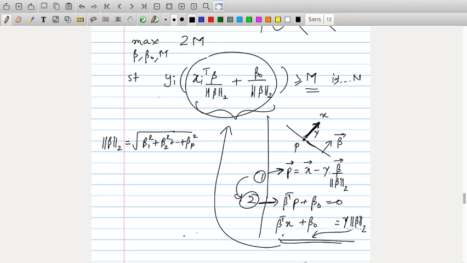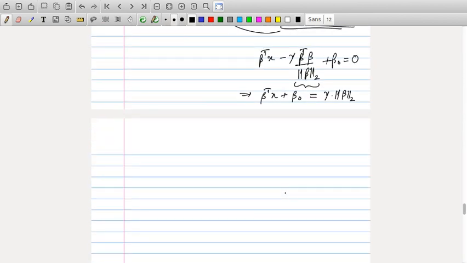So it turns out that the margin m depends on the scale of beta.